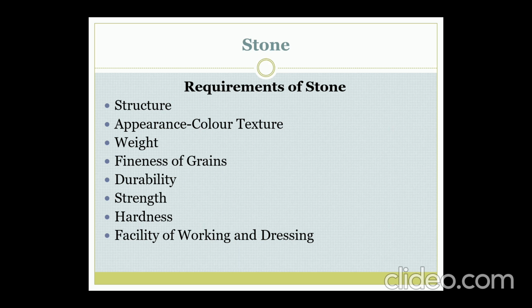So all these are the requirements of a good stone. Strength, hardness, facility of working and dressing. Working and dressing is shaping it into the particular shape for the use. If I'm using it in the masonry work, then I have to dress it in a rectangular or cuboidal shape so that I can easily bind them all to form a wall.